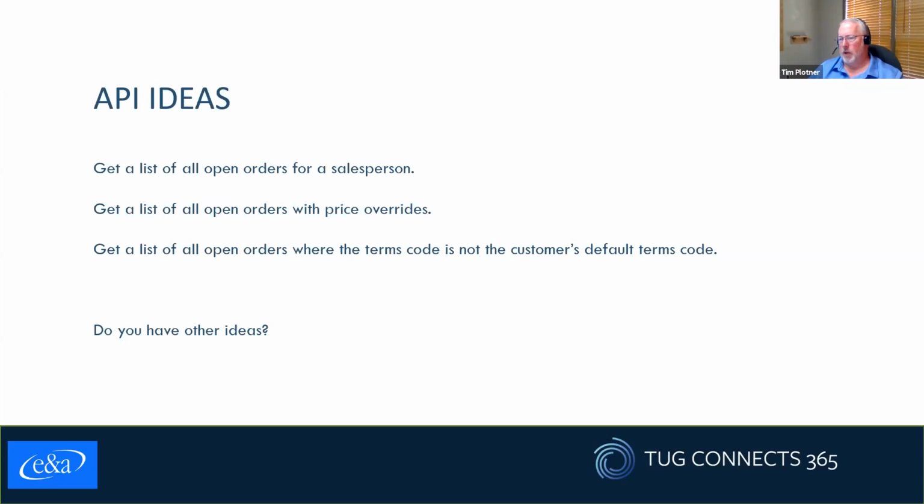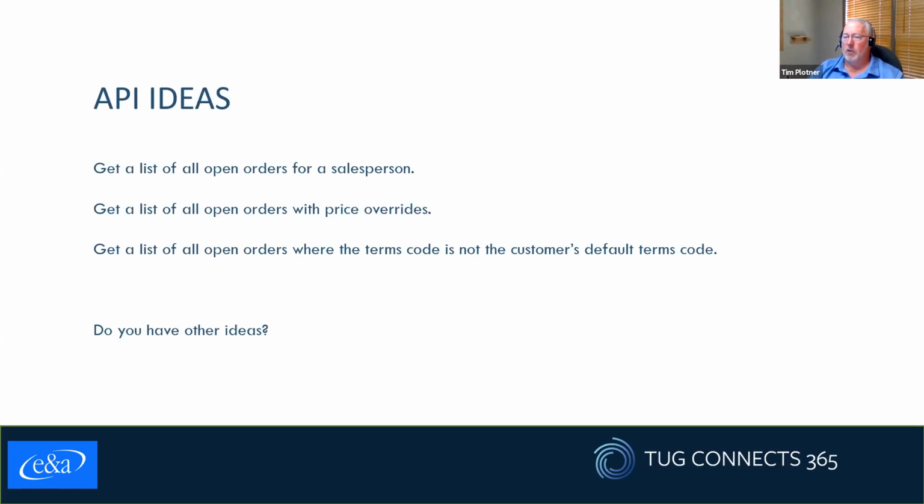So here are a couple of examples. Give me a list of all open orders for a salesperson. It's very simple. I just want to know as a salesperson, hey, at the end of the night, I want to get a list of all of my open orders. So let's say you had a CRM product sitting out there and the salesperson wanted to be able to click a button and see a list of all their open orders that are in FACTS.